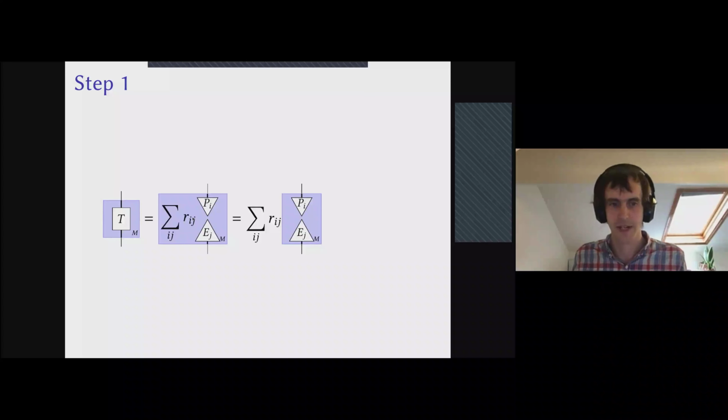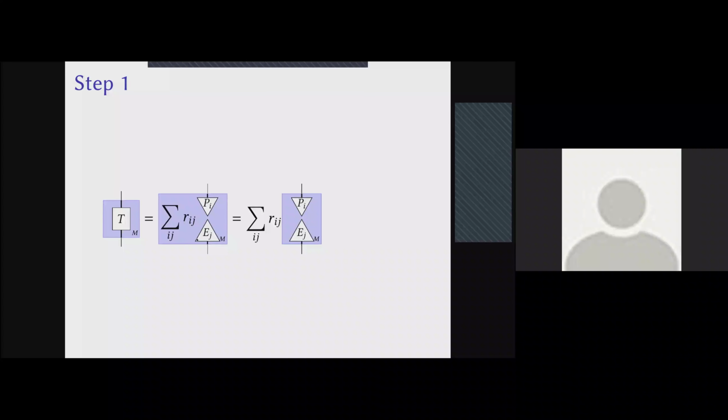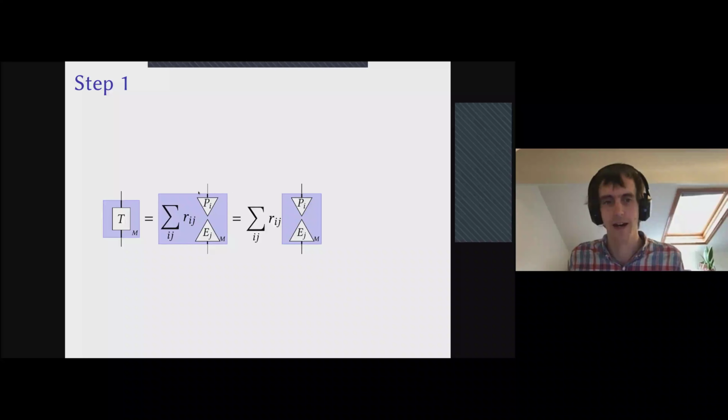This isn't a convex combination, but what we can do is say that since this blue box has to be a convex linear function, it has a unique extension to a linear function. So what we're really talking about is that unique extension.